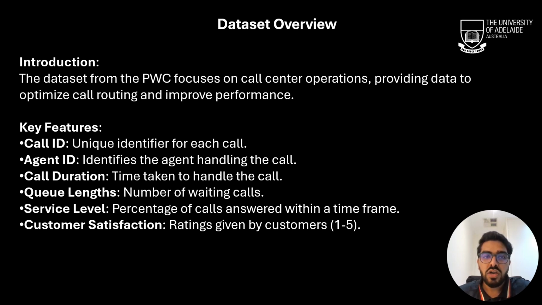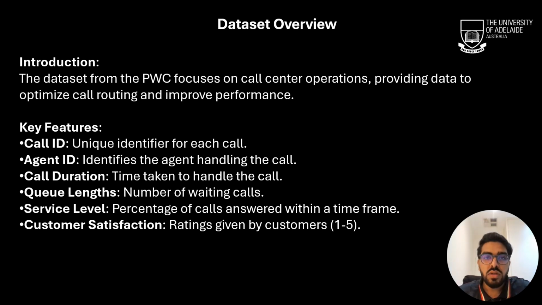In our version, we have made adjustments to simplify the call center operations. Specifically, the dataset now considers only two agents, one of which is capable of handling all topics, while the other specializes in specific topics.